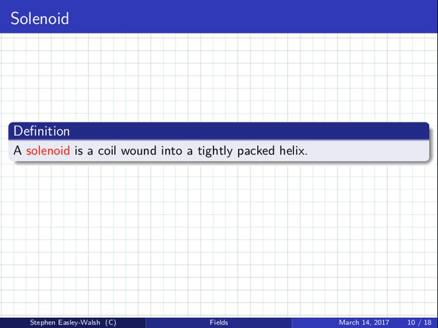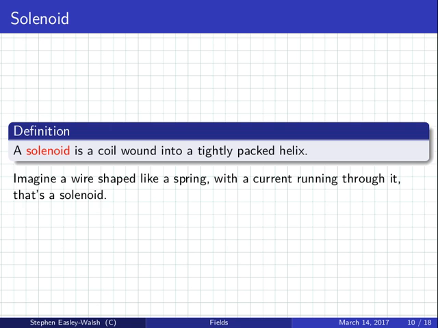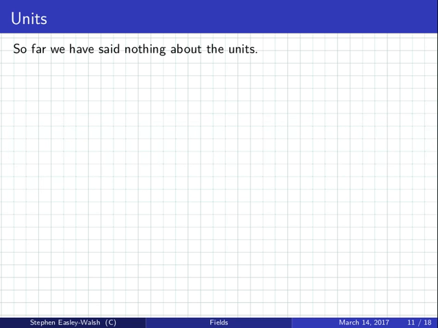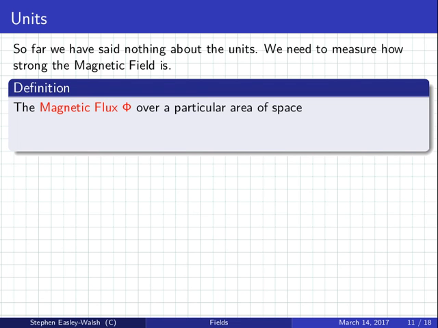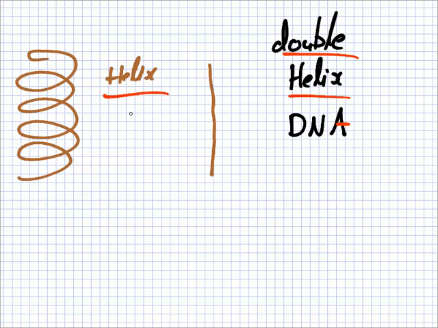Continue. So, we've talked a little bit about the shape. Now, you realise so far we've not said anything about the units. So we need a way to measure how strong the magnetic field is. Before we do that, we'll have to define exactly what we're measuring. When we talk about the magnetic flux, for a particular part of space, say I have a magnet here, north, south, and the field goes around like that, as you know.